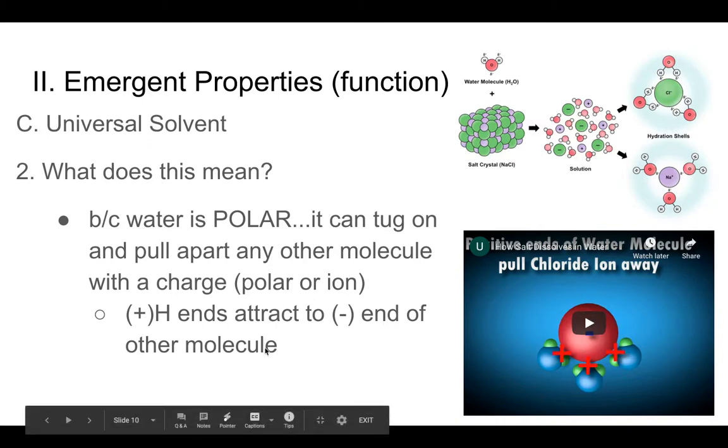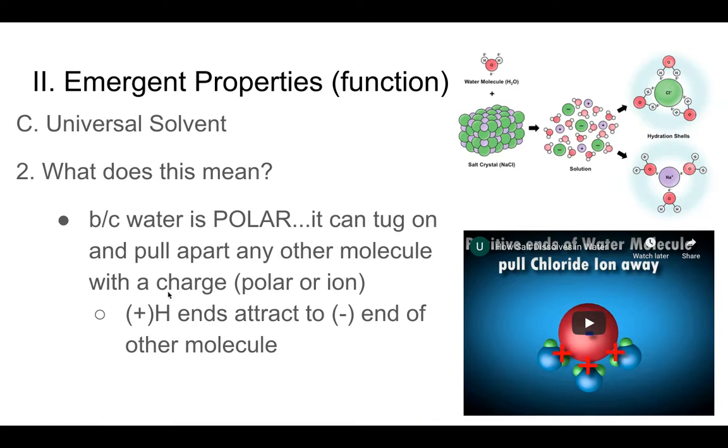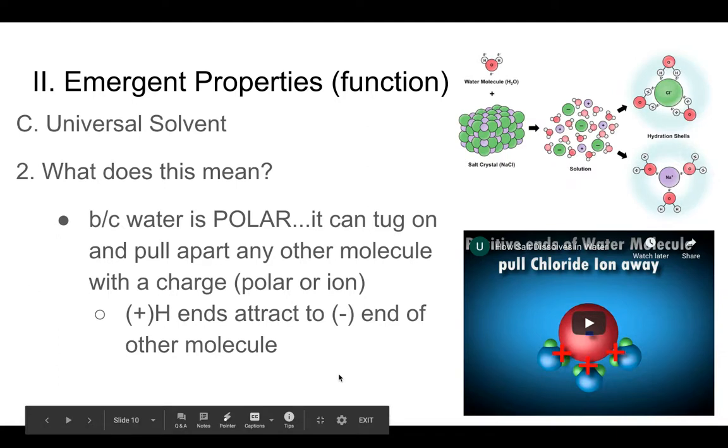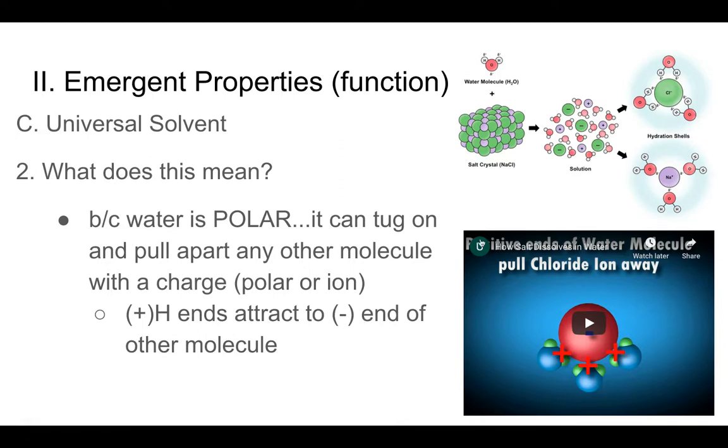So if your substance is negatively charged, don't worry, the water molecule has positive hydrogen ends that will attract to it. If your substance is positively charged, your water molecule has a negative oxygen end that will attract to it. And so piece by piece, and we can see this really well up here in this diagram, here are the water molecules.